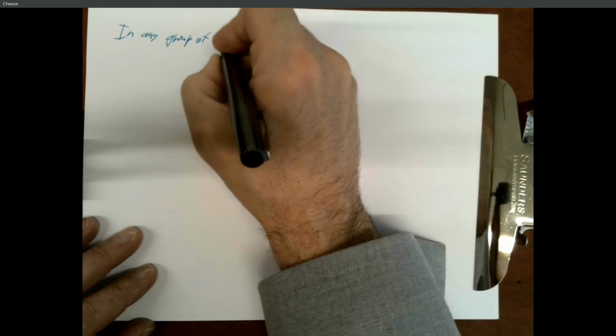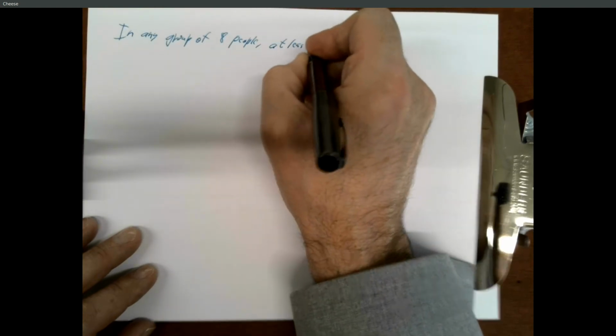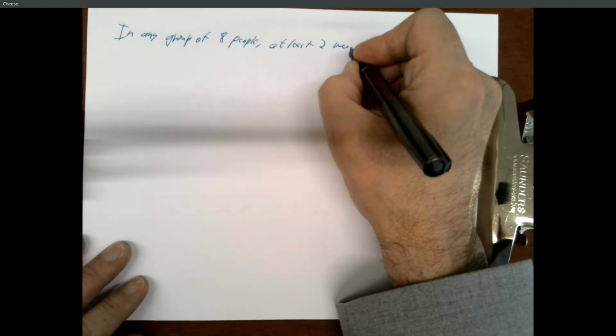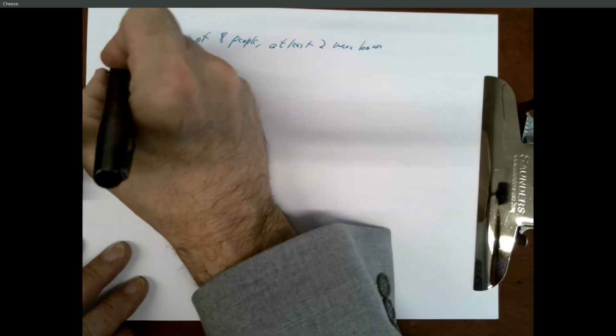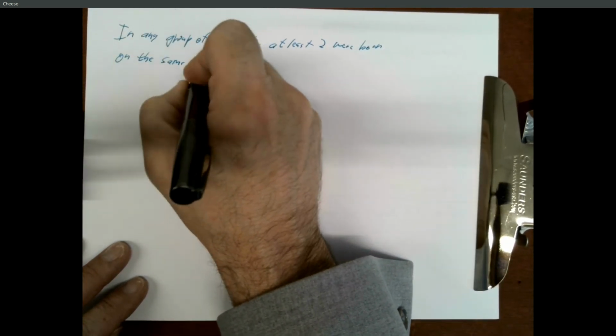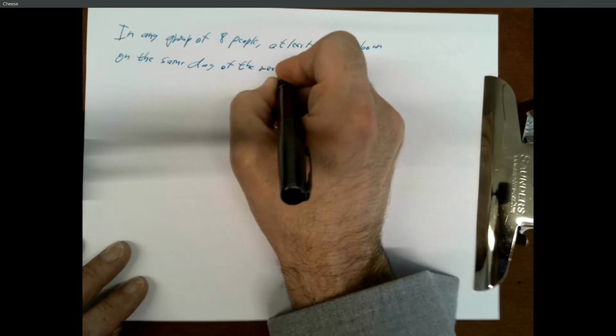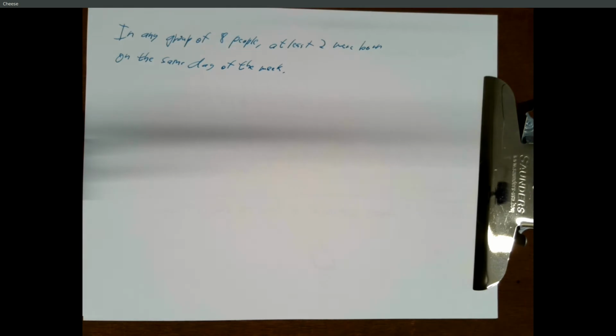So in any group of 8 people, at least 2 were born on the same day of the week. And how do we get that? Well, make 7 containers, one for Monday, Tuesday, Wednesday through Sunday.